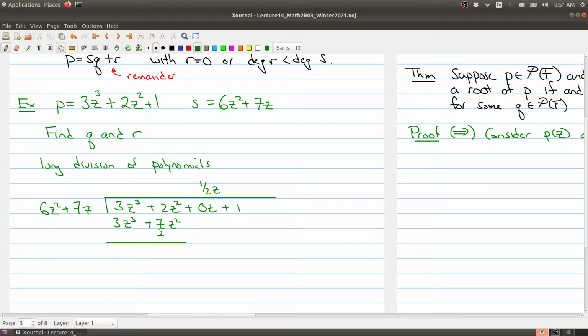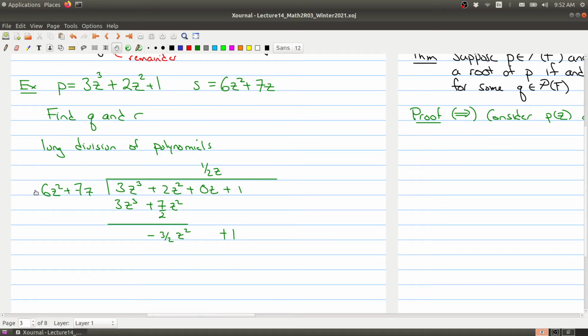Right here I would get minus 3/2 z squared, and then I bring down my other terms, plus 1. Now I want to cancel off this term, so hopefully this is all looking familiar. What do I need to multiply this by to kill this thing? I need to multiply it by minus 3/12 in order to make everything cancel properly.